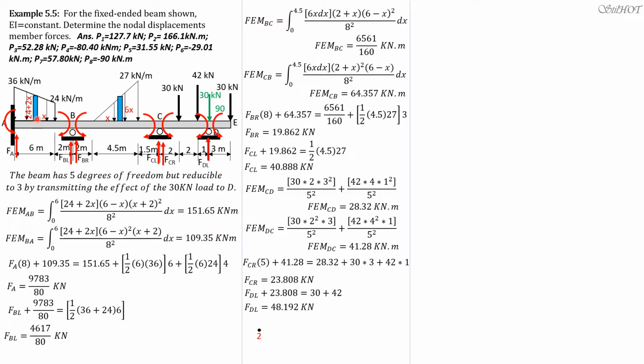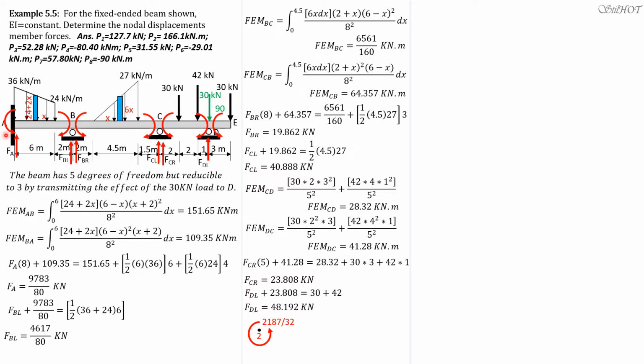nodal forces, fixed moment BA is 109.35 minus fixed moment BC is 6561 over 160. The result is positive, so it is positive 2187 over 32 for node 2.